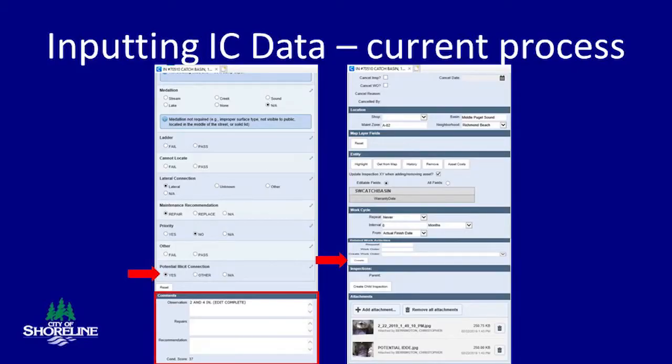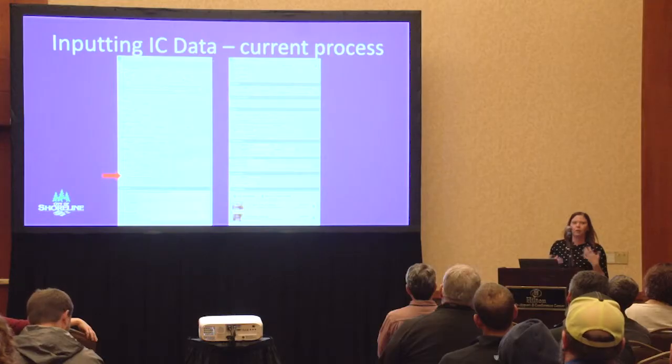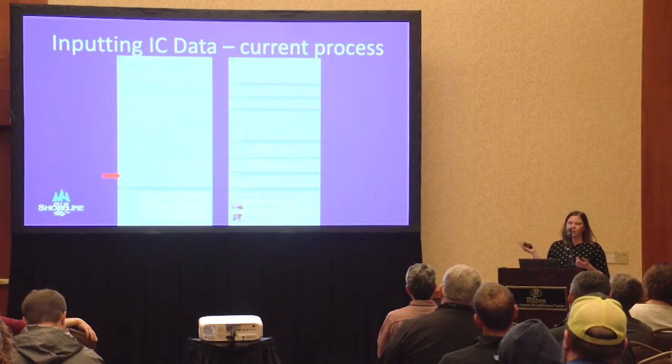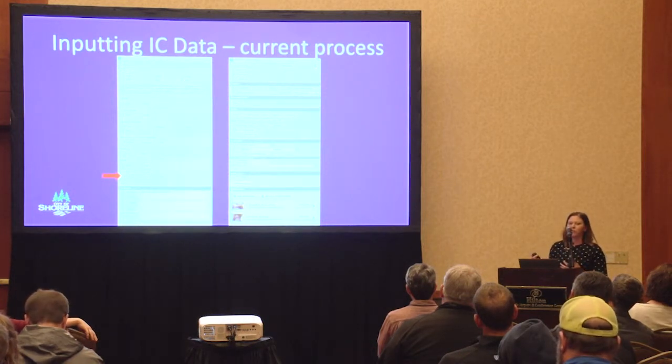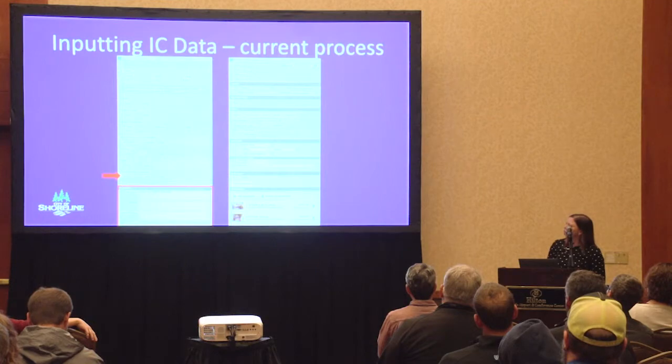And so we have, as one of the questions on the inspection form for our O&M inspections, is there a potential illicit connection, yes, no? So I had in my inbox a saved search set up for any time that this is populated. I have to make sure, because I don't get an email notification for this, that during the O&M inspection season, I'm going into Cityworks on a daily basis and checking my inbox to see if there's some sort of investigation I need to do.